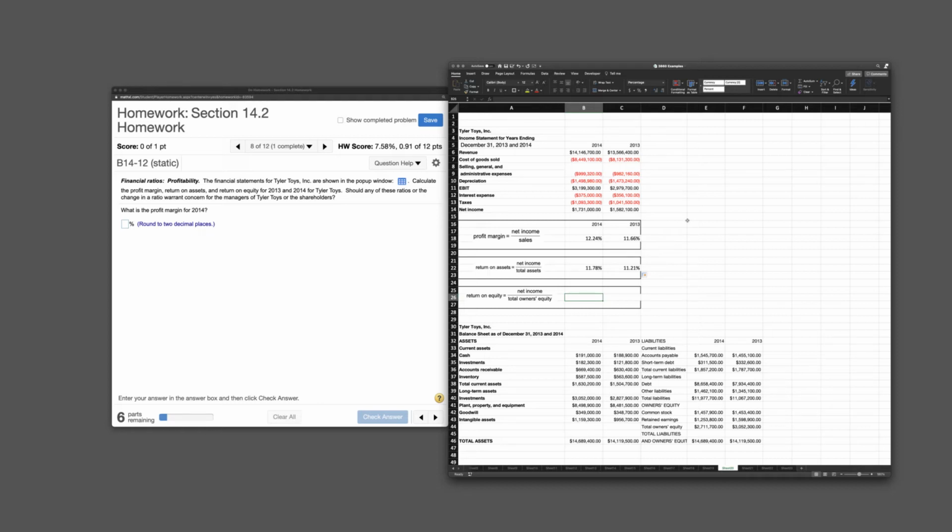And finally, so we know that our assets are generating a healthy net income. We also want to figure out, what about our owner's equity? What about their investment? Are they getting a good return?